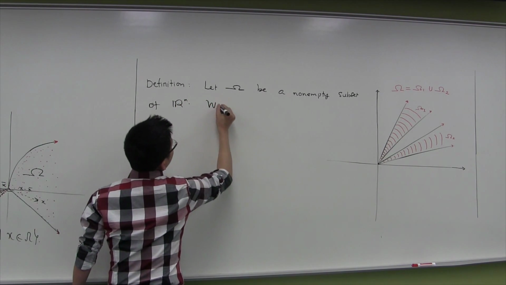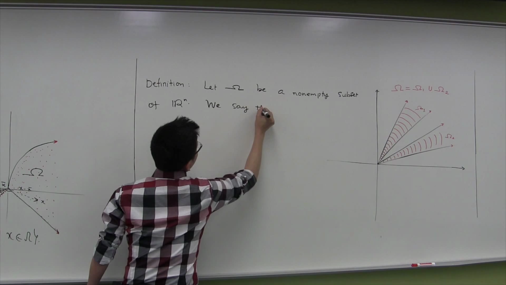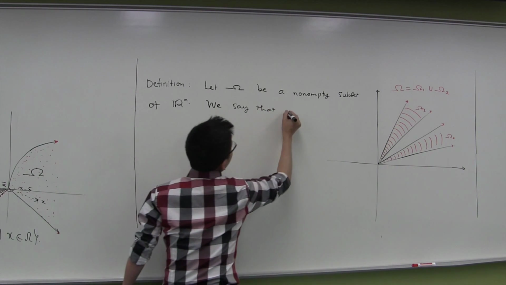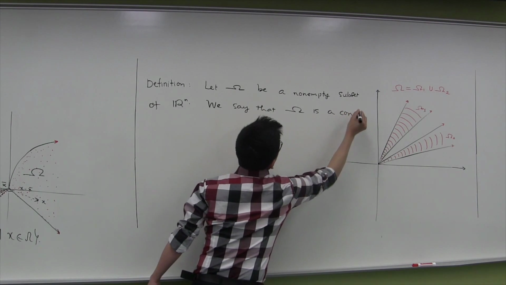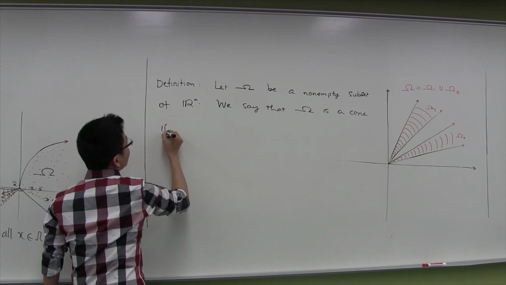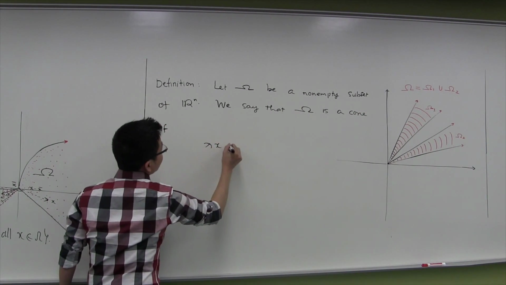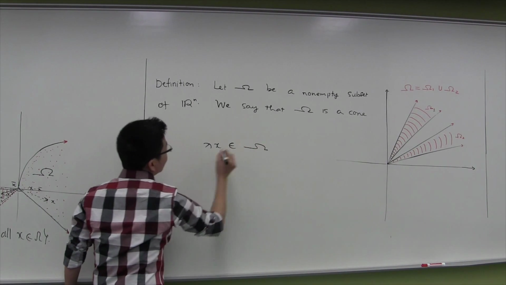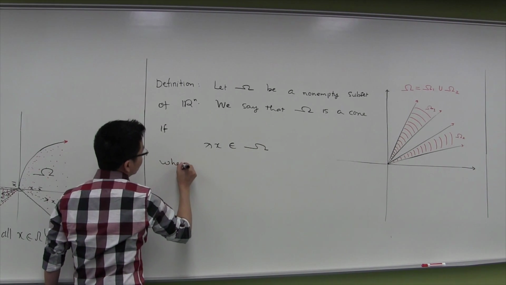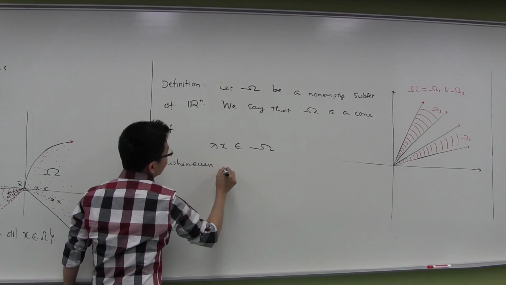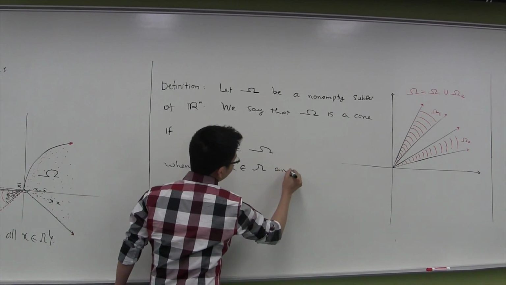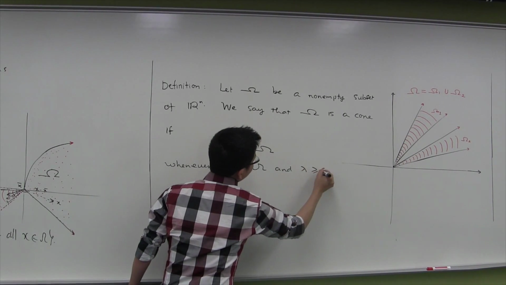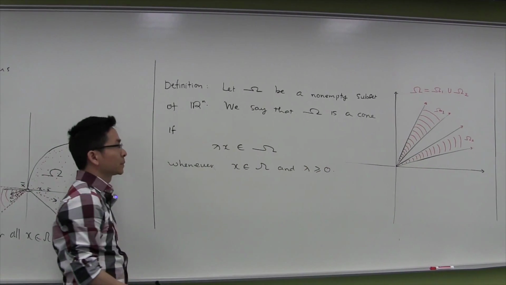We say that omega is a cone if lambda x belongs to omega whenever x is in omega and lambda is greater than or equal to 0.